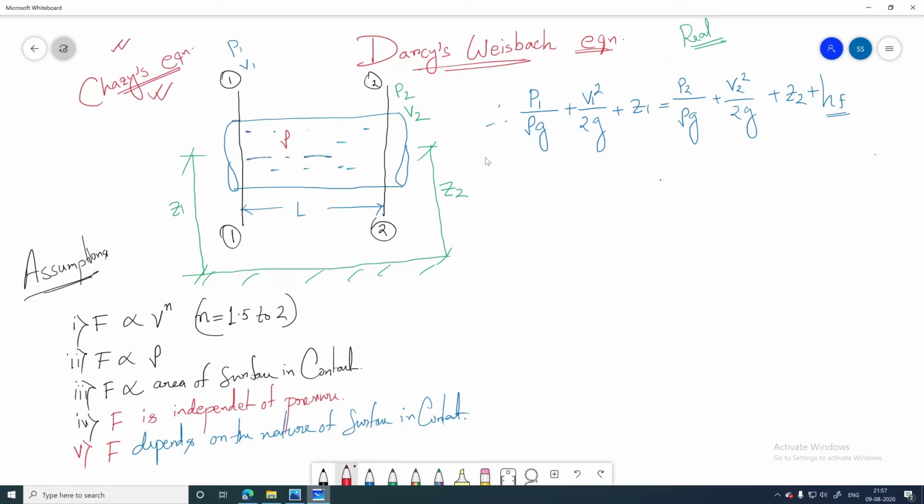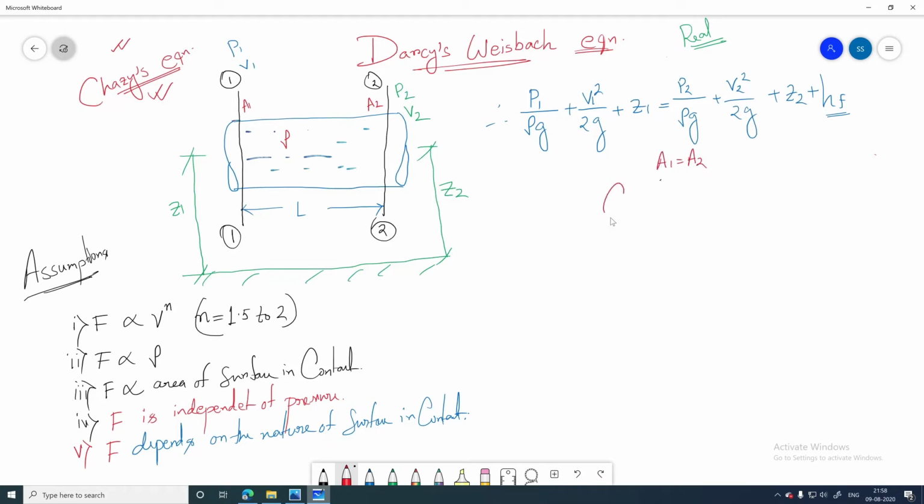Now, as we know it is a pipe section, so the area at section 1-1 and the area at section 2-2 are definitely equal. That means if it is A1 here and A2 here, A1 equals A2, right?